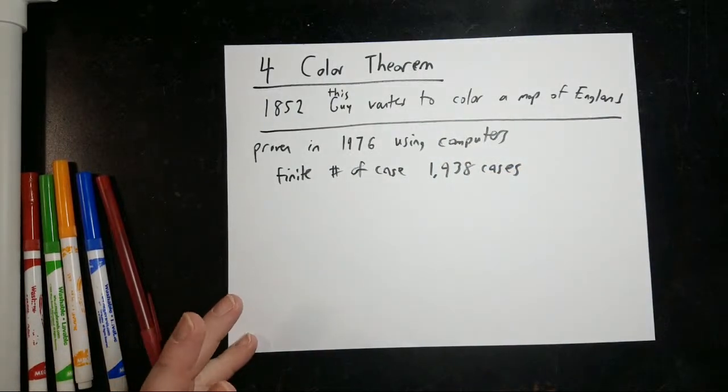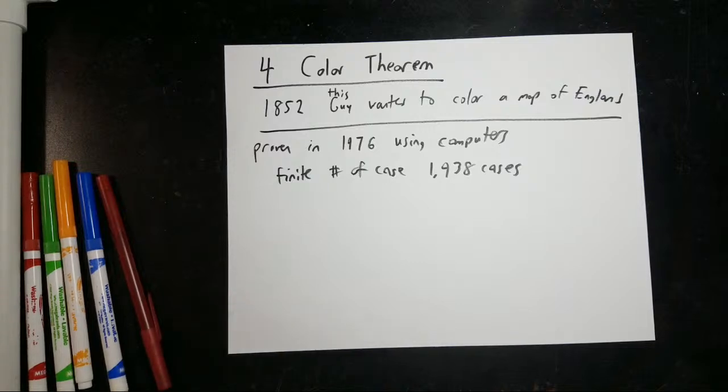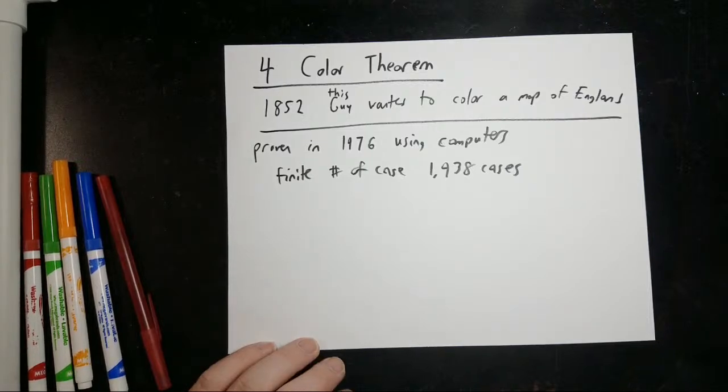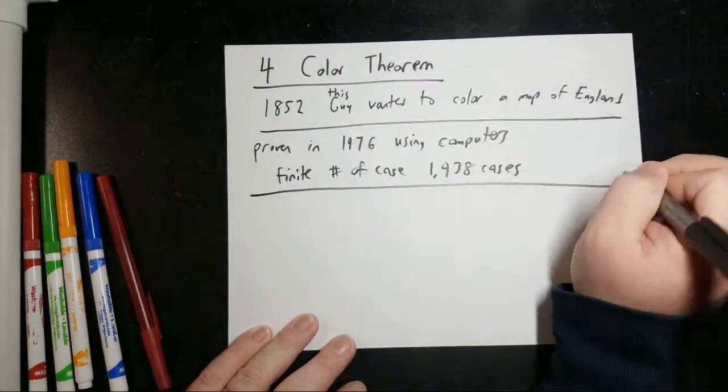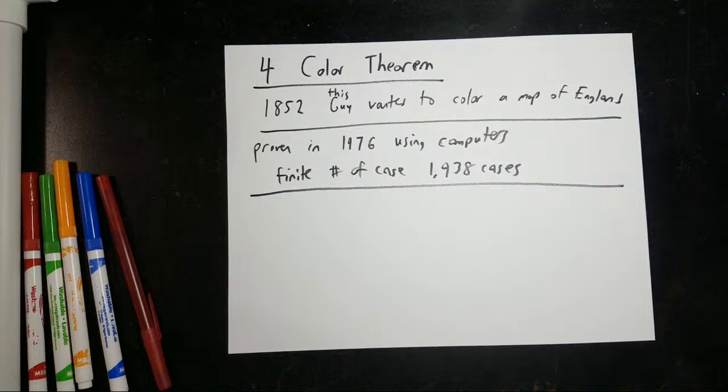And then they threw it all into a computer, and they had the computer color them by the parameters of the four-color theorem, and they basically proved it from there. This was controversial at the time because mathematicians don't like it just to be, well, the computer figured it out. They would like a bit more of an elegant proof rather than just brute force. Hey, let's just color all 1,938 cases and make sure that it actually hits the procedures. It's a really interesting concept.